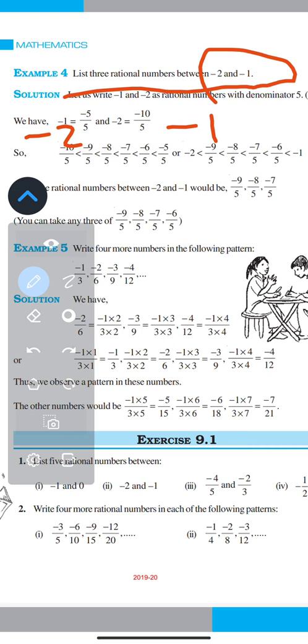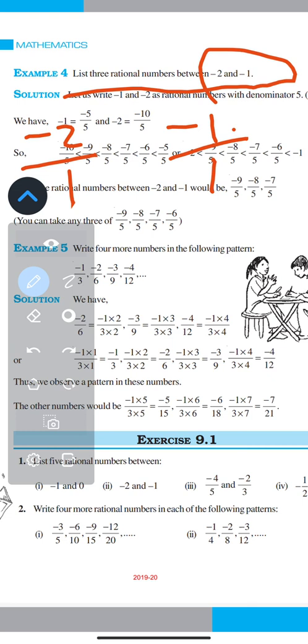So what you do is convert them into equivalent fractions. You give a denominator of 1, and the denominators are the same, but still you don't get any numbers between them, because between minus 2 and minus 1 there are no numbers.